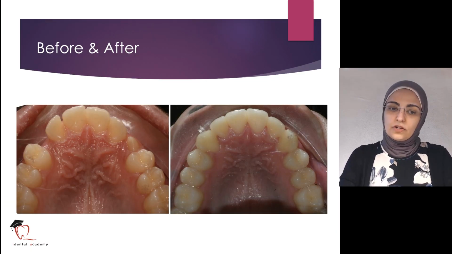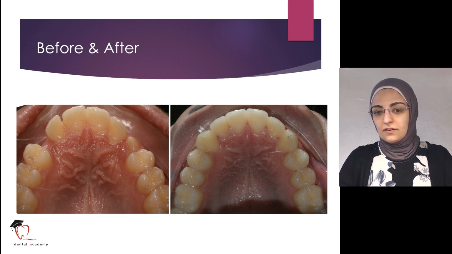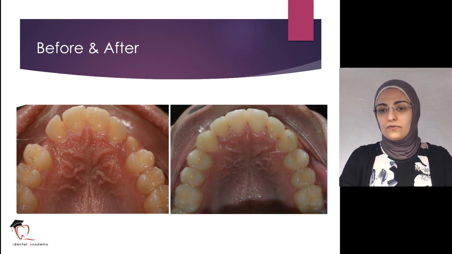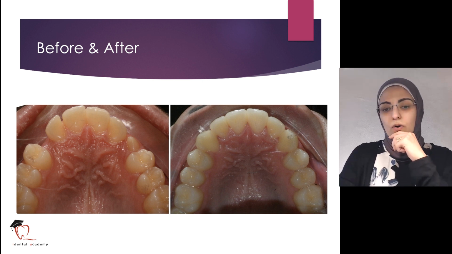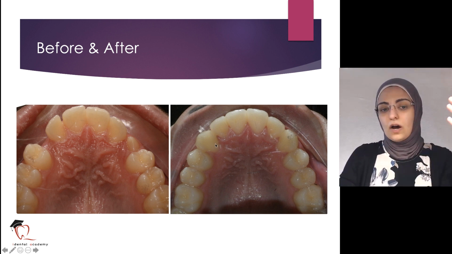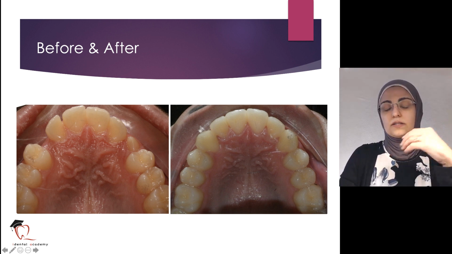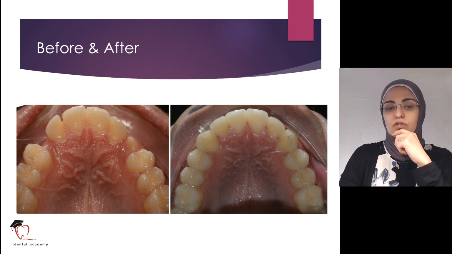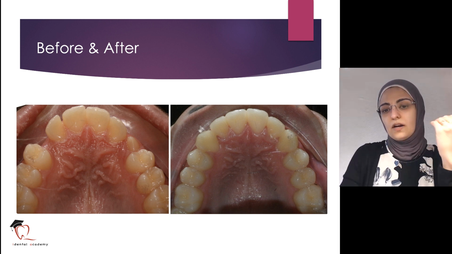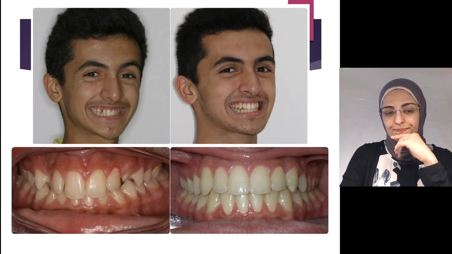So this is the patient before and after. It's a long procedure. It took around 2 years for this to happen. Eventually we can get it, depending on how far it is, but it's an exposure, it's a surgery for the patient, it's a long treatment. So if we can avoid it, that would be much better.